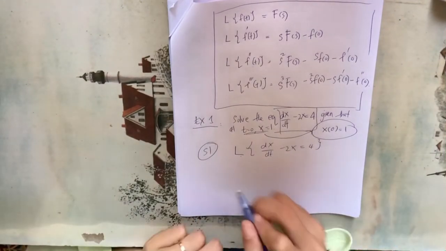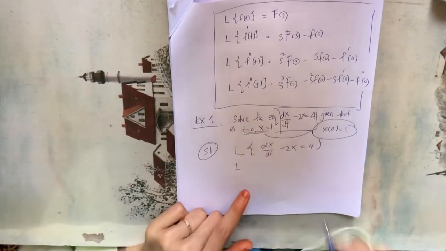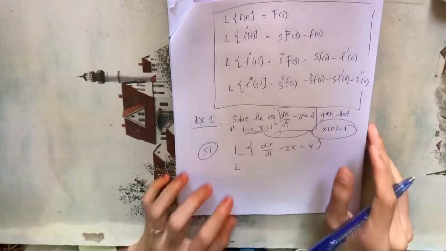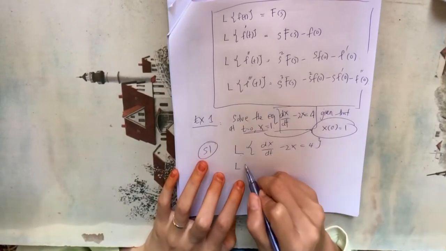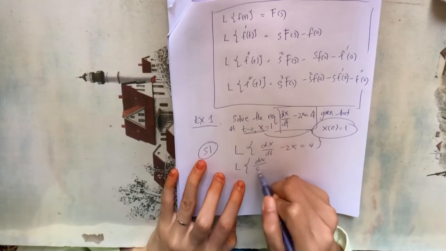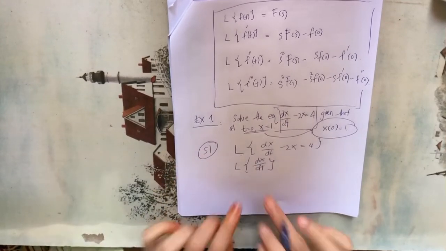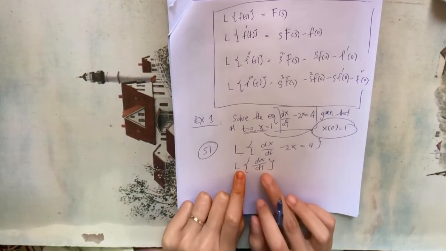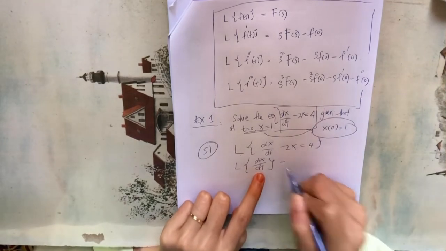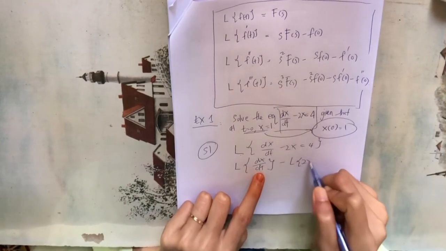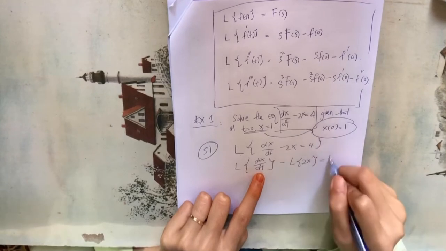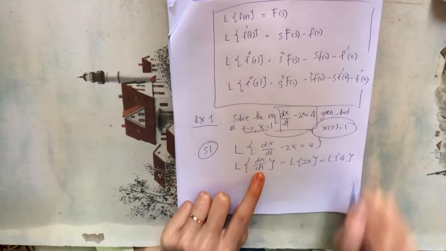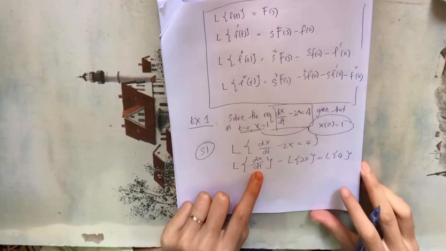Next, by using linearity properties, we break it into one by one. First the dx/dt, then the Laplace transform for 2x, and then the Laplace transform for 4.